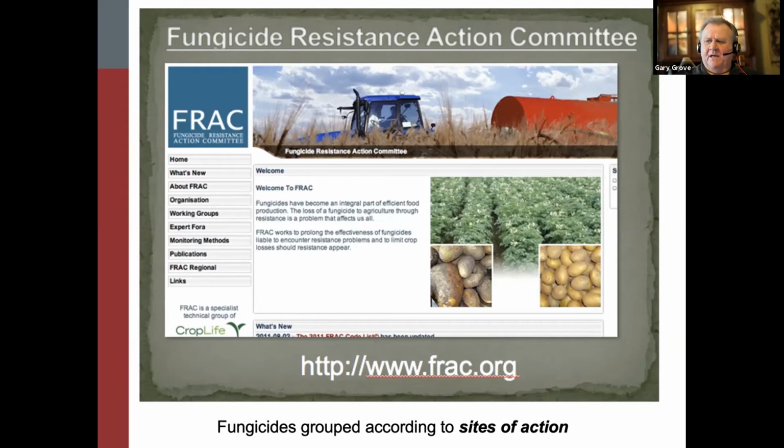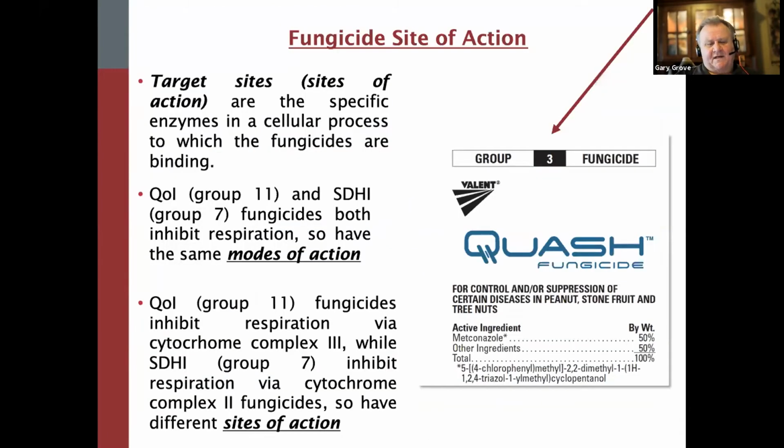They've broken the FRAC groups down into committees whose responsibilities are specific fungicide sites of action. For example, there's a group for the group 3s, a group for the group 7s, group 11s, et cetera. So that number you see on the label of a fungicide, and I just use Quash here as an example, where it says group 3, that means its site of action is group 3, and the 3 is the FRAC code.